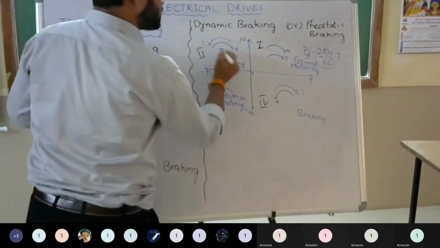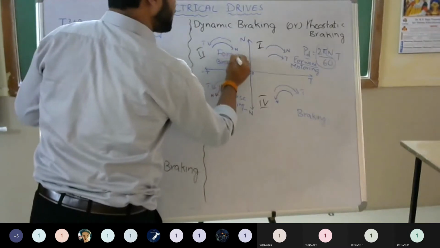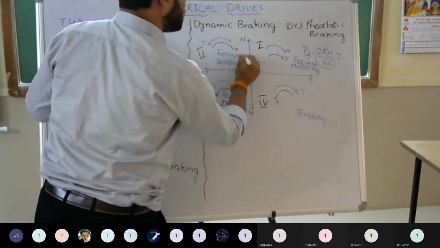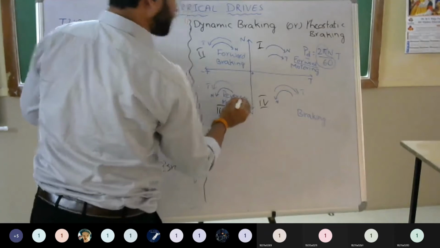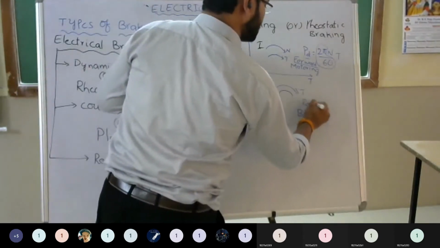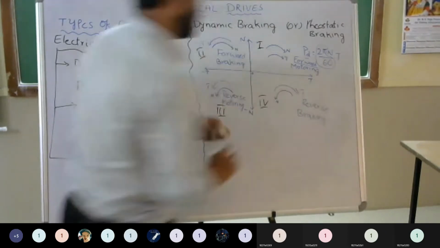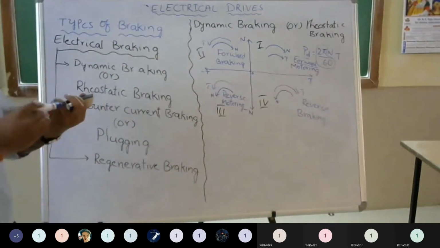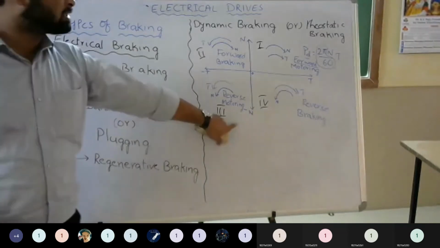Same thing, if speed is positive, it is forward braking, and this one is reverse braking. Clear?